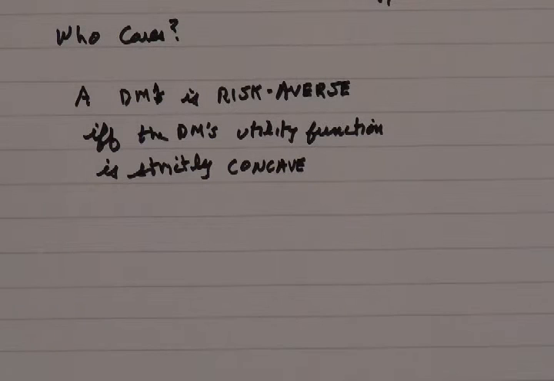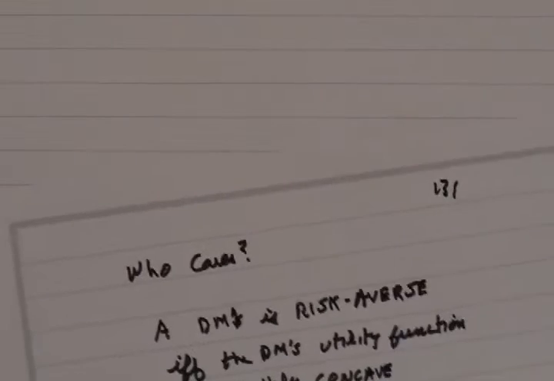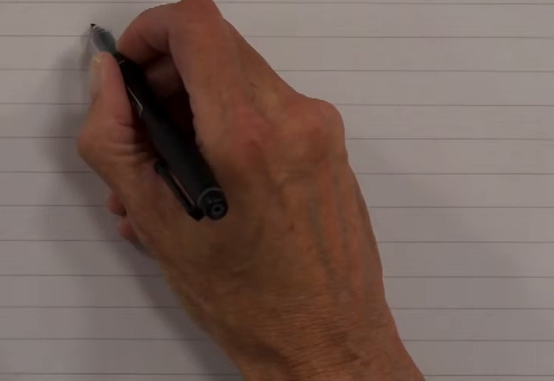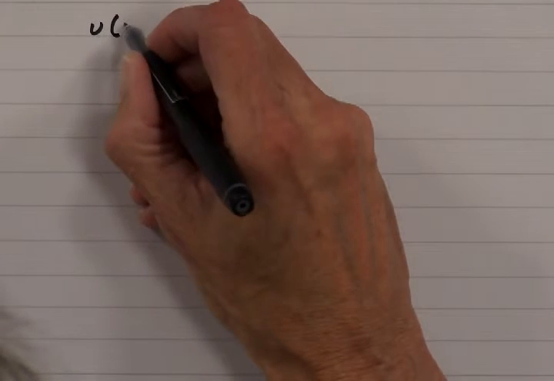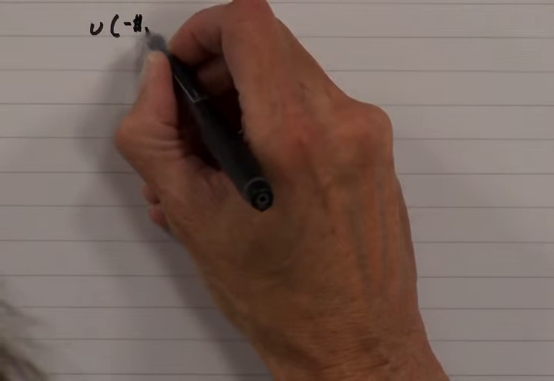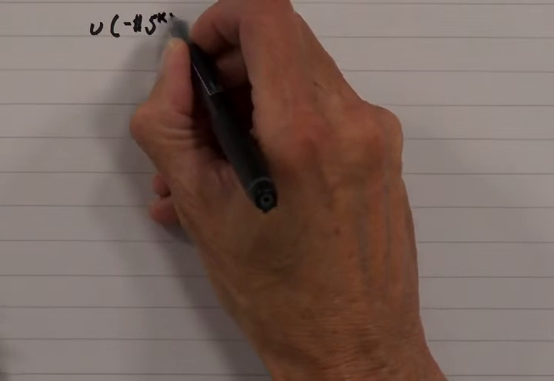Okay, now let's continue on with our example. As we saw for positive money, we were risk averse. Now let's calculate U of minus $5,000. Okay.